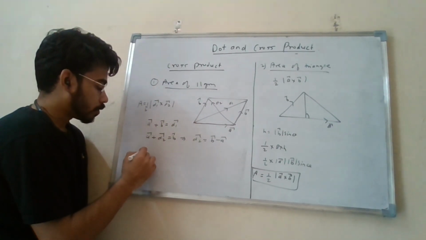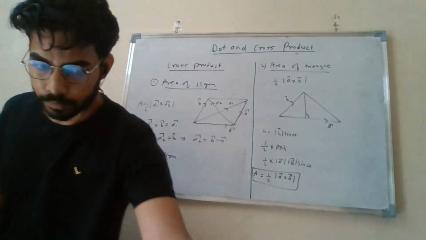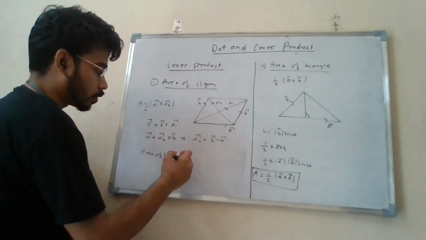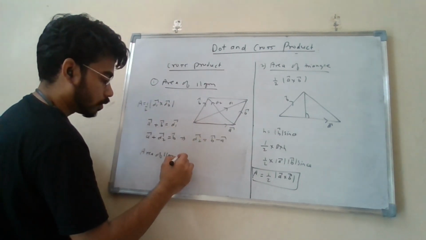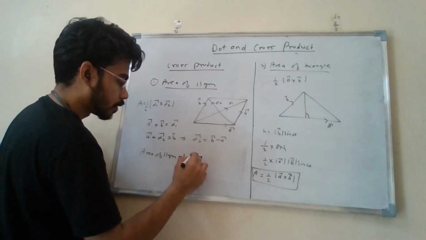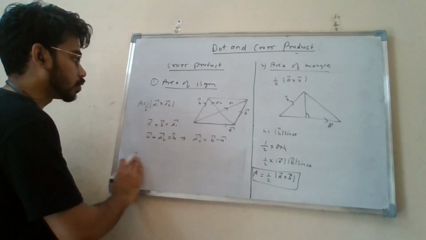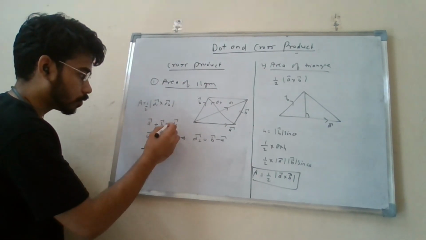So what is my formula for the area of a parallelogram? My formula is a cross b. Simply, the formula is a cross b. So my formula is half into d1 cross d2. What is the value of d1?